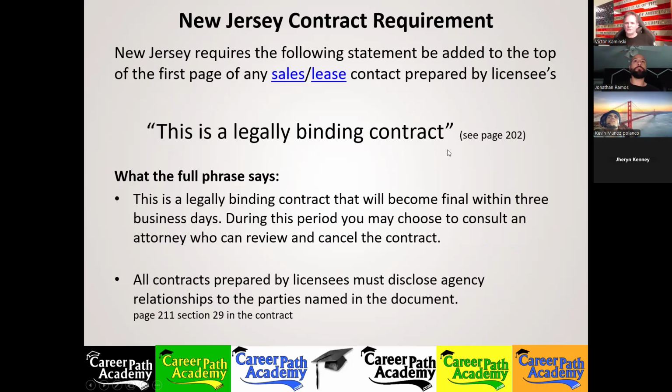What the phrase actually says is a little more wordy. It says this is a legally binding contract that will become final within the 3 business days. And during that period, you may choose to consult an attorney who can review or cancel the contract. All contracts prepared by licensees must disclose your agency relationships in the document.